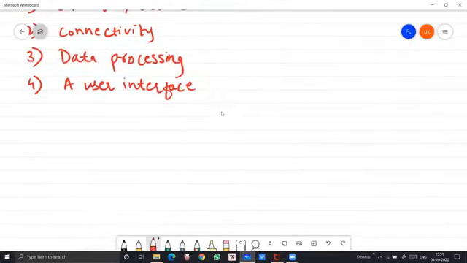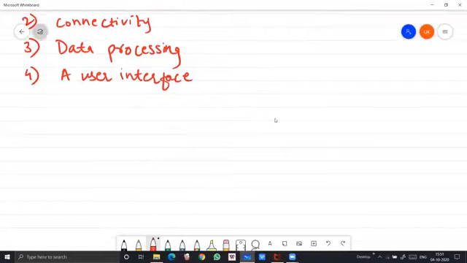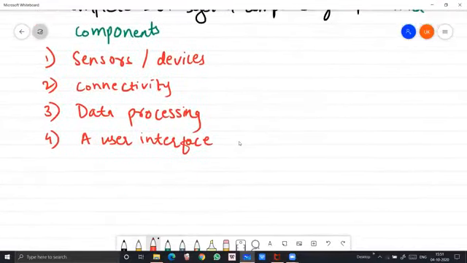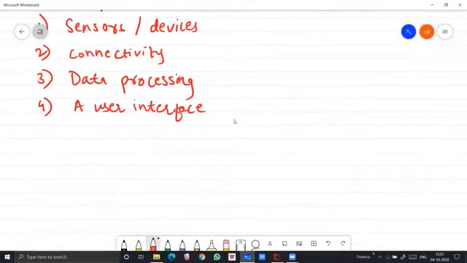Okay, students, so these are the 4 components of the Internet of Things system, through which we get the features, facilities and advantages of the technology: sensors, devices, connectivity, data processing, and a user interface.